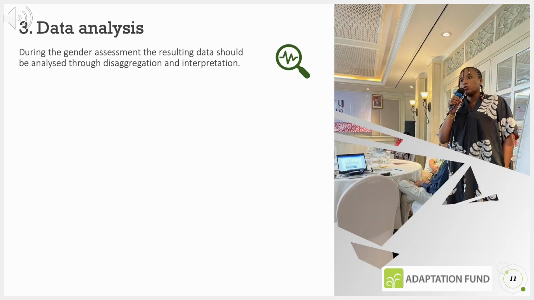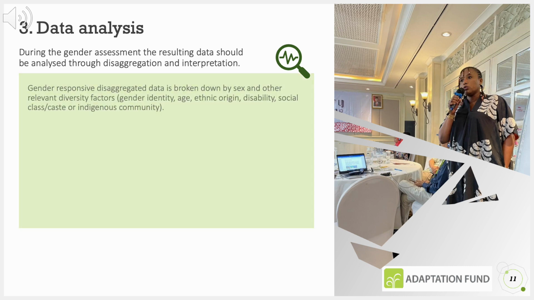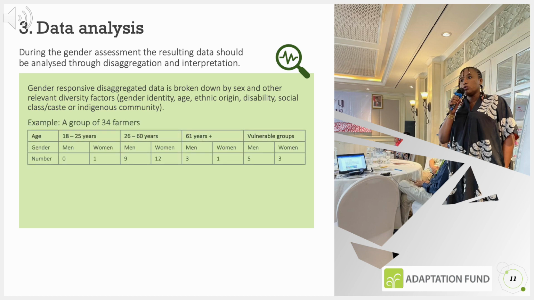During the gender assessment, Step 3 is the analysis and interpretation of the resulting data. Disaggregated data is broken down by sex and other relevant diversity factors. For example, a group of 34 farmers can incorporate different ages, genders, and vulnerabilities that should be highlighted.